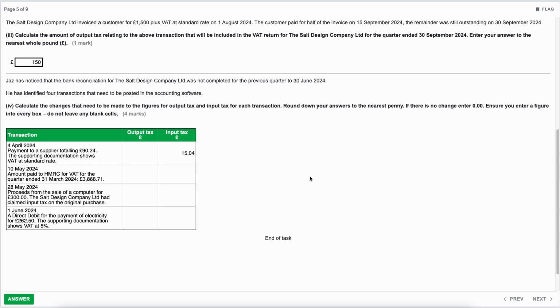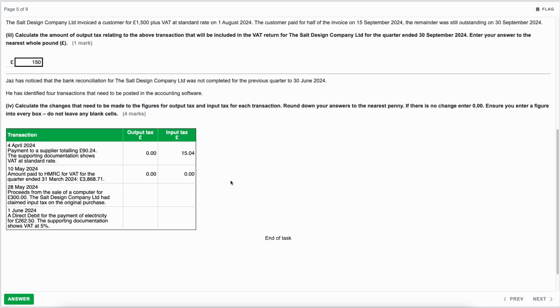So that was the amount paid for what was owed from the previous quarter. So that would have no effect on either output tax or input tax. So that would therefore be 0. Now on here, I've just clocked as well that it does say do not leave any cells blank. So let's make sure that we don't leave any blanks. So that would be 0.00 on the first one. And then we need to enter 0.00 on both of these as well.